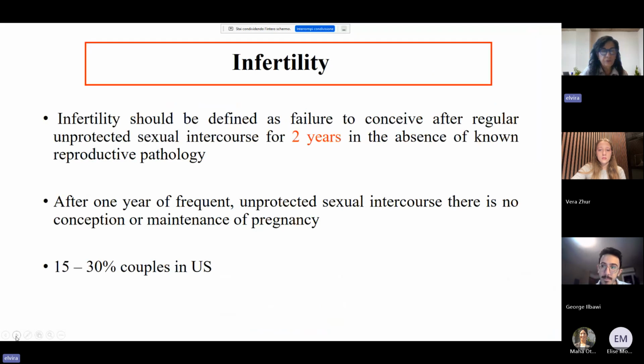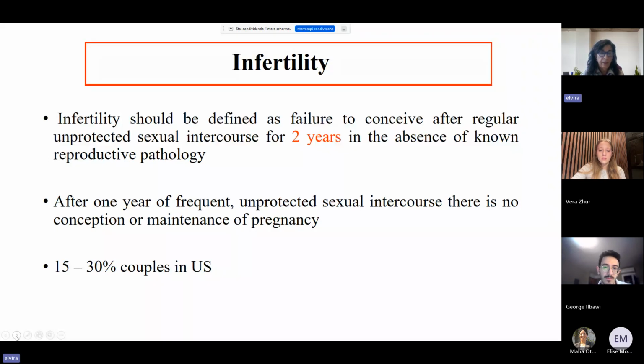And first of all, these techniques are used for infertility issues. Infertility is defined, as you can see in this slide, as a failure to conceive after regular unprotected sexual intercourse for 2 or more years in the absence of known reproductive pathology.